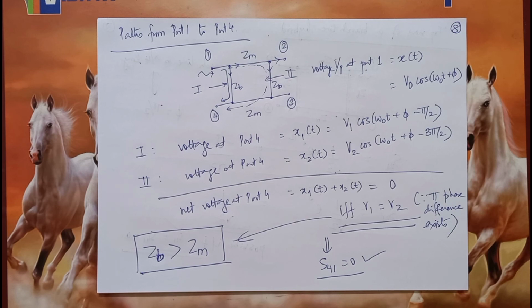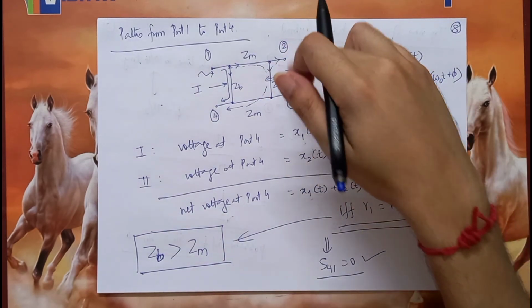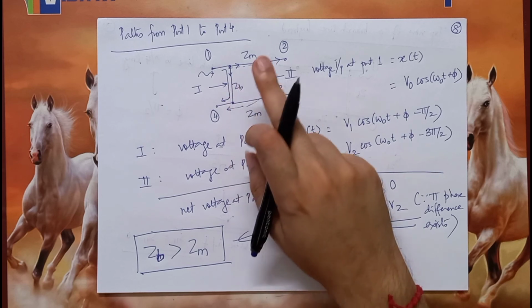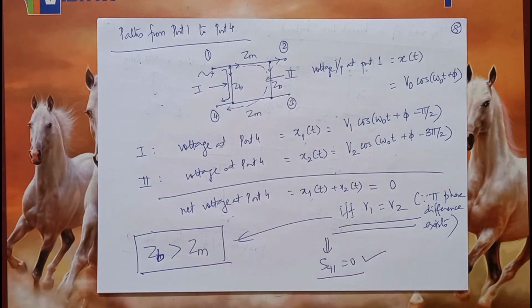We looked at something called a branch line hybrid, we started the discussion on it, and we saw that in the endeavor to have equal power divisions between ports 2 and 3, that is tight coupling along with equal power division, we have to try and maintain S11 as 0 and S41 as 0. And for that, we need the branch line impedance to be much more than the main line impedance.